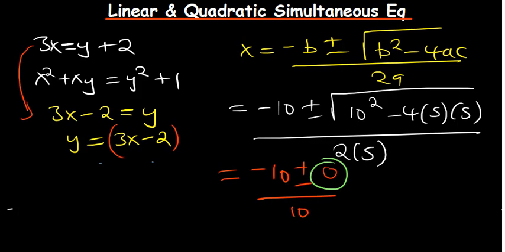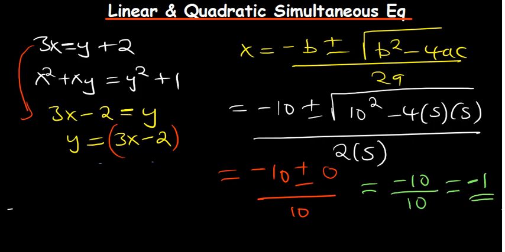Where there's a 0 under the root, we're only going to have a single root. So it's going to be negative 10. Whether you add or subtract, it's still negative 10, and this gives us a negative 1. Now, is it true that negative 1 can actually satisfy the equations we have there? So this is the value of our x.